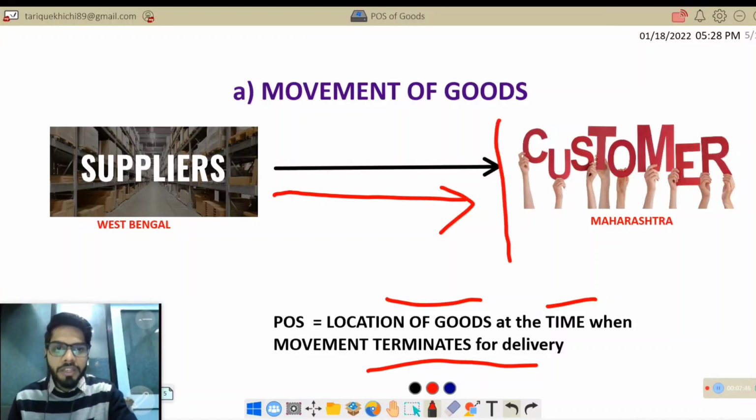When it reaches Maharashtra, the movement of goods terminates. The movement terminates and it is ready to be transferred to the customer in Maharashtra. So the law says wherever the location at which the movement of goods terminates to be ready to be delivered to the customer, that will be the place of supply. So the place of supply will be Maharashtra because इस जगह पे आके movement of goods terminates.